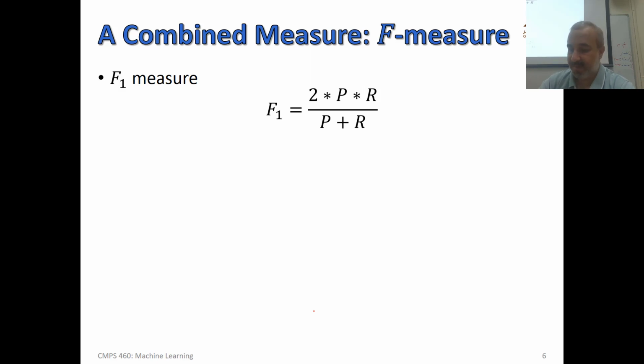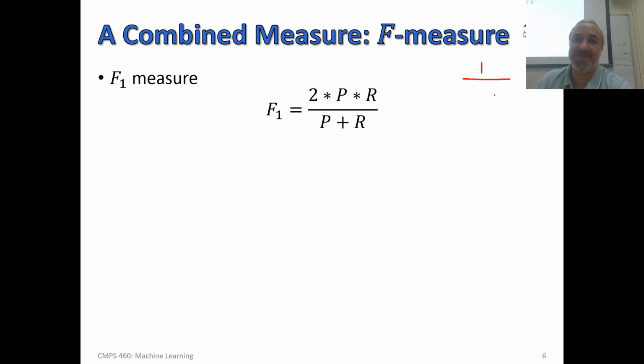So the harmonic mean in mathematics is the inverse. You know the arithmetic mean, right? It's 1 over the number of the values times the sum of these values. The harmonic mean is 1 over the average of the inverse of them.